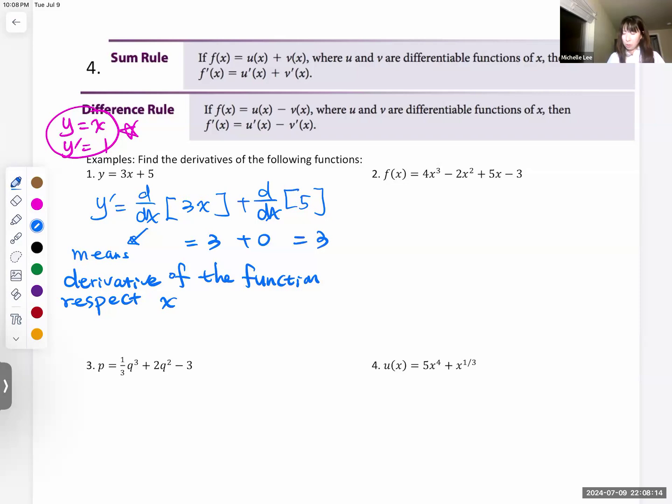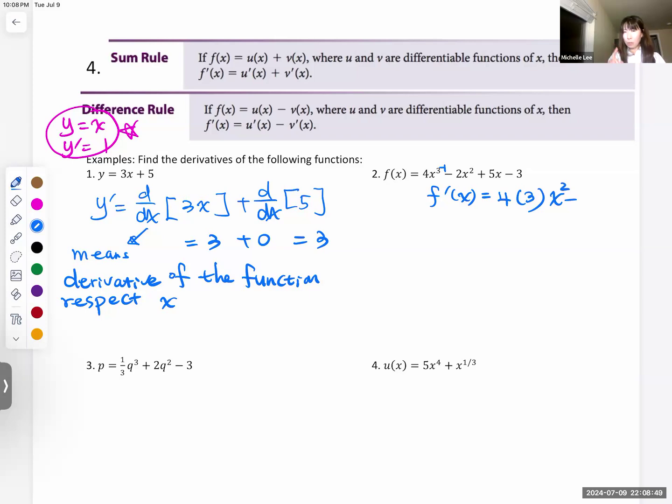Okay, for this f prime of x, since we have 4 terms, let's skip this one; I'll do it later if you need. So for the first term, we want the derivative. We keep the coefficient 4, then drop the power 3 and reduce by 1, so it's x squared.